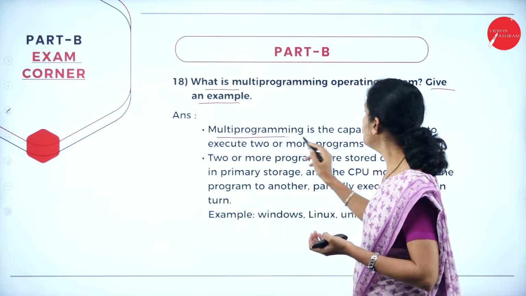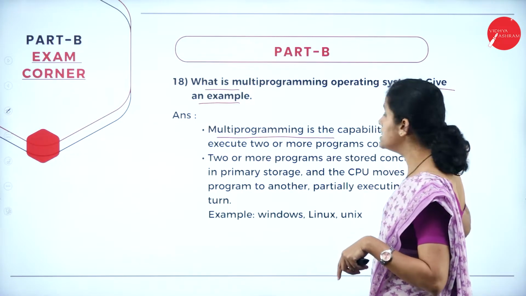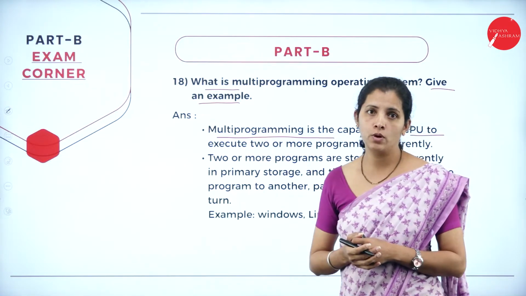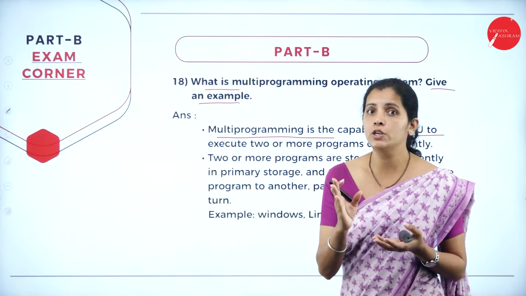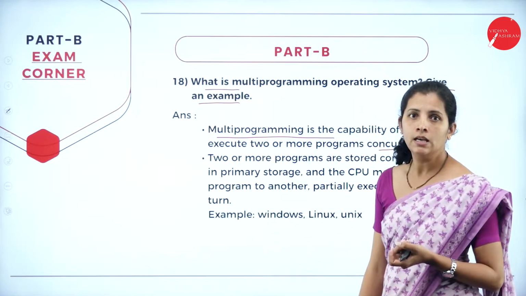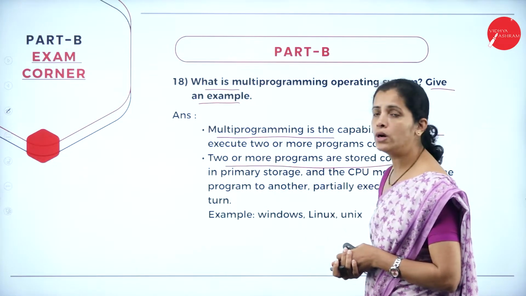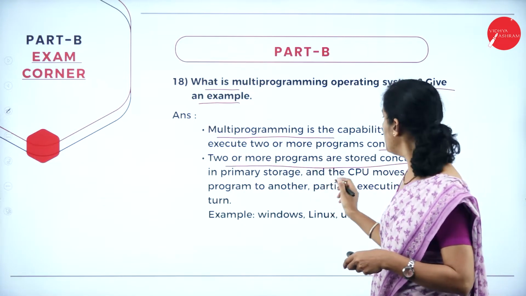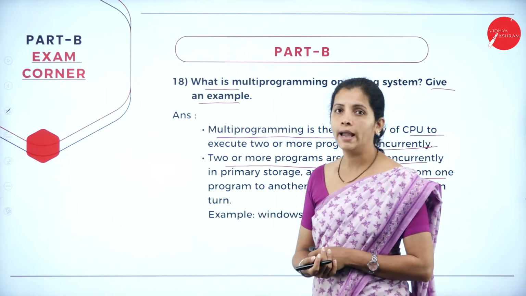A multi-program is the capability of the CPU to execute 2 or more programs concurrently. Now, 2 or more programs are stored concurrently in primary memory and the CPU moves from one program to another.